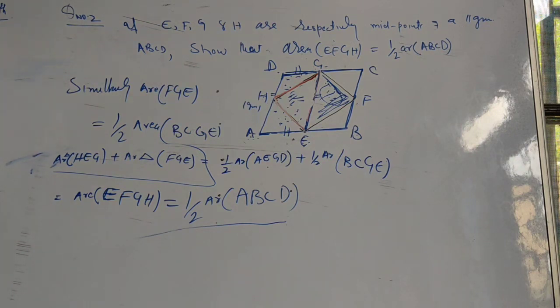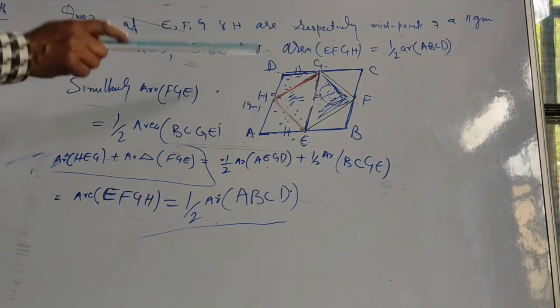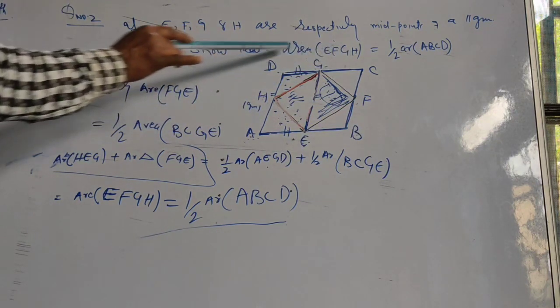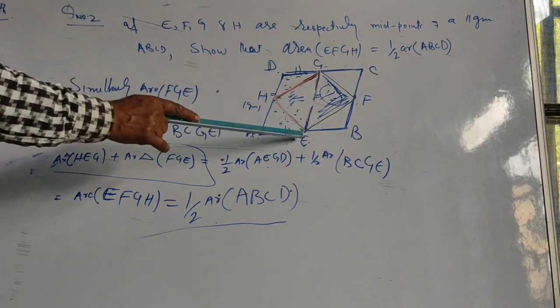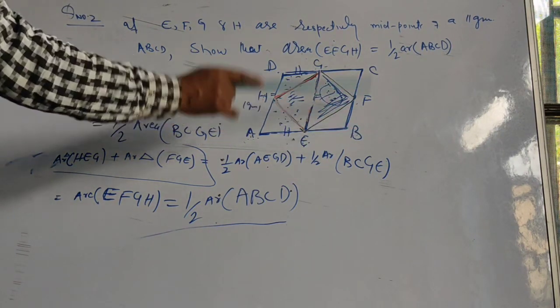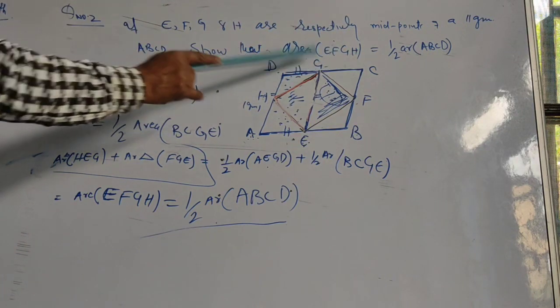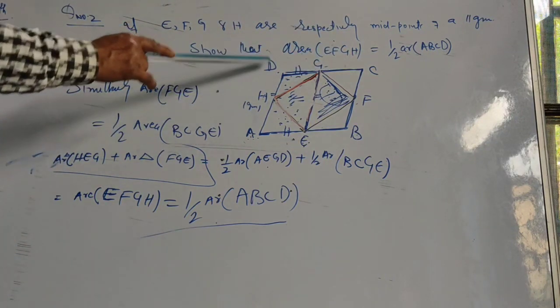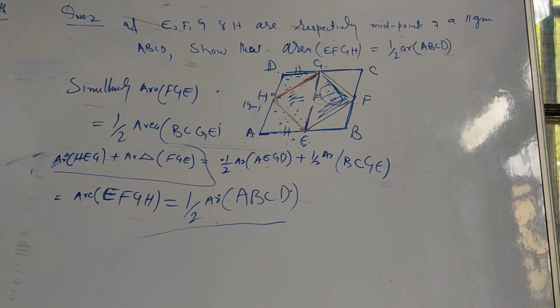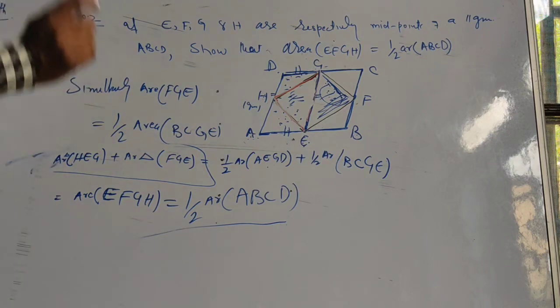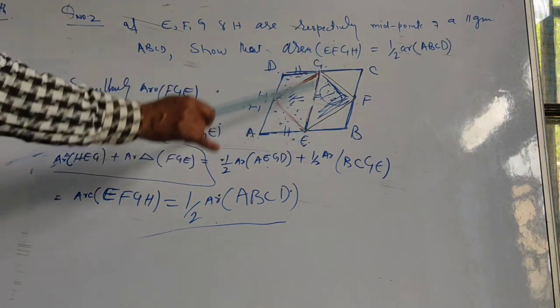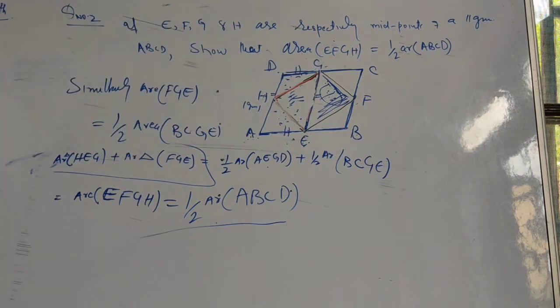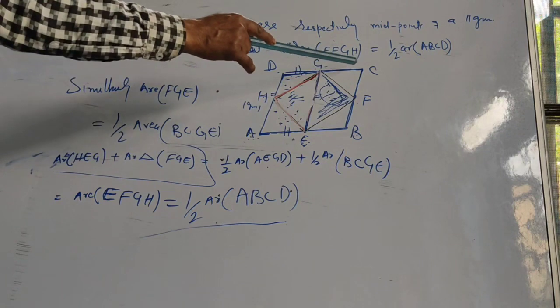Considering the figure, a parallelogram ABCD is given to you. EFGH are midpoints of sides AB, BC, CD, and DA. In parallelogram ABCD, AB is equal to DC and AB parallel DC, similarly BC parallel AD.